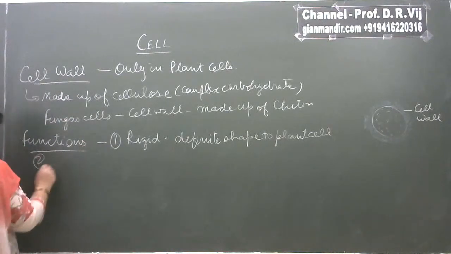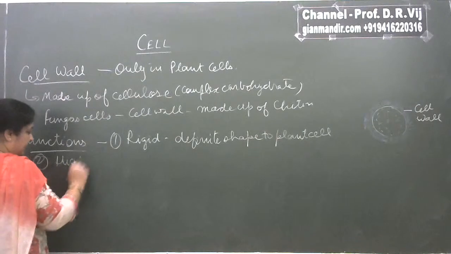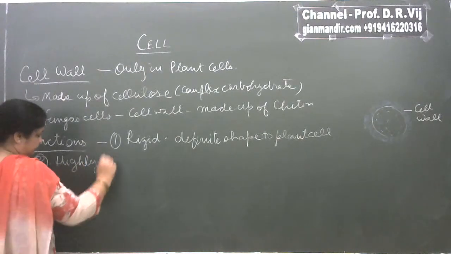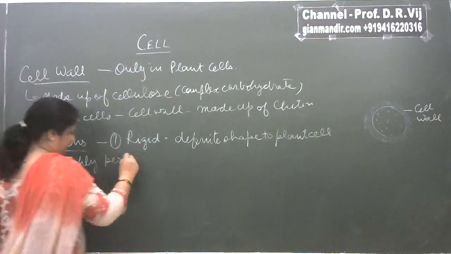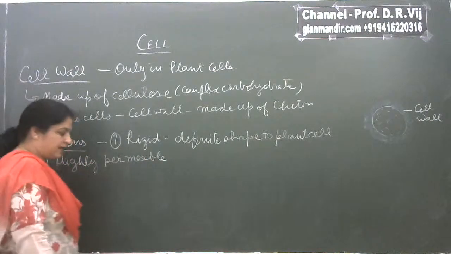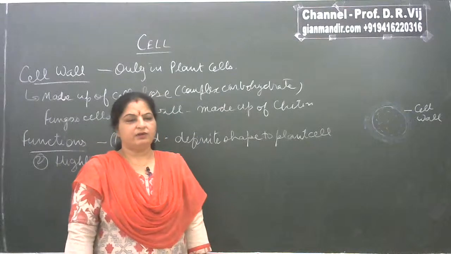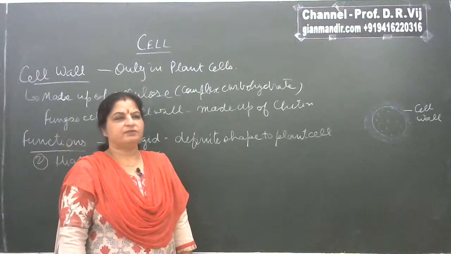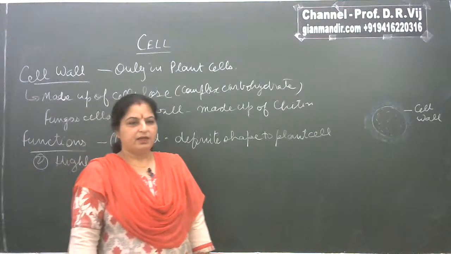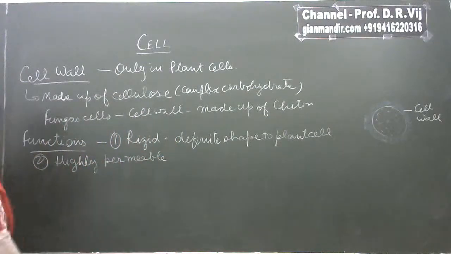Another important property of the cell wall is that it is highly permeable. That means it allows each and every material to pass through it, whereas you have seen that the cell membrane or plasma membrane was selectively permeable, but this cell wall is highly permeable, right?